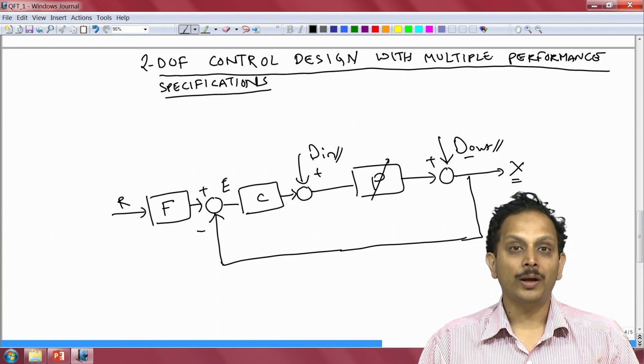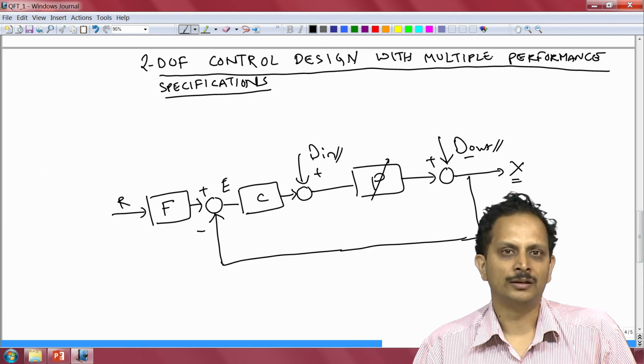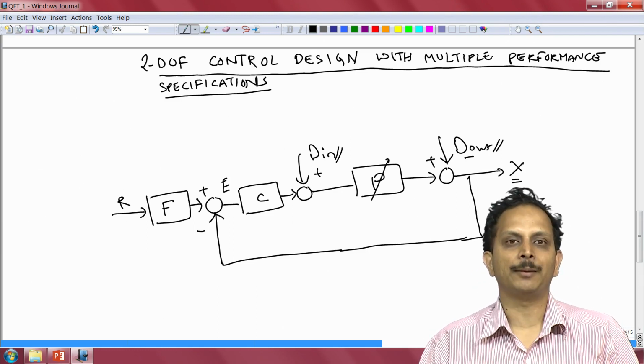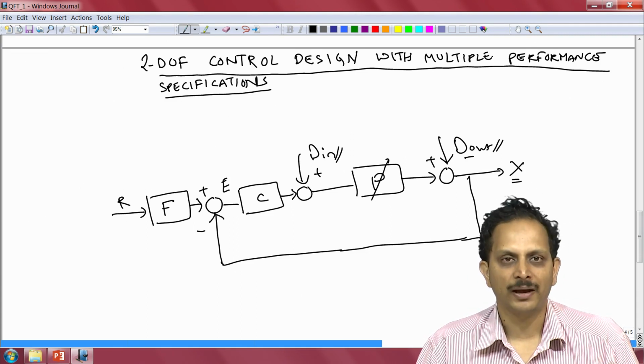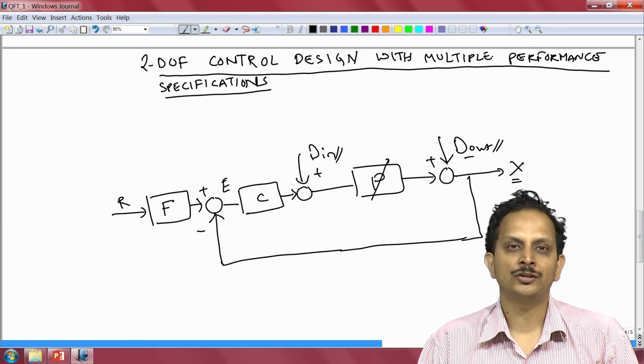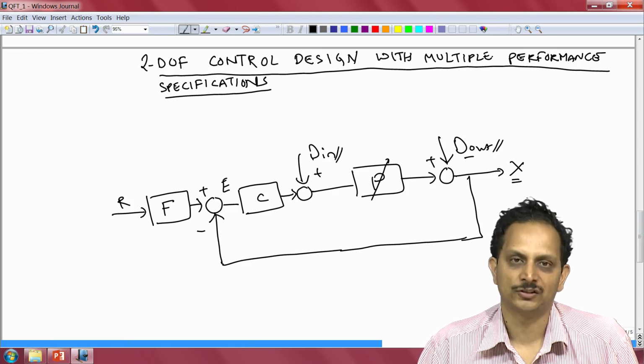So what one wishes therefore is a tool that will allow us to clearly depict the constraints imposed on the loop gain of our feedback system by the different performance specifications that have been given to us.